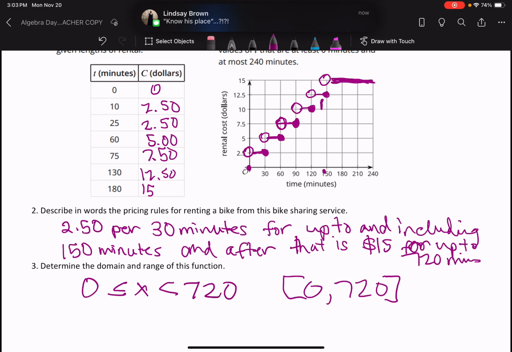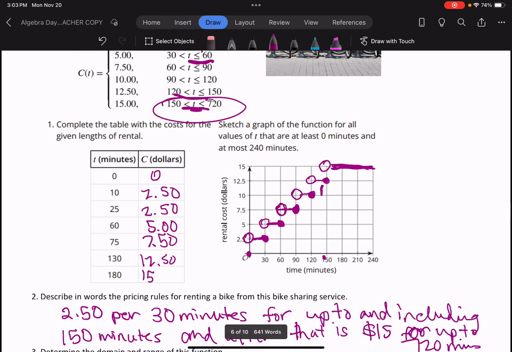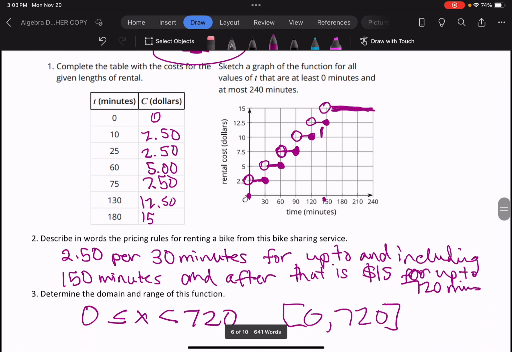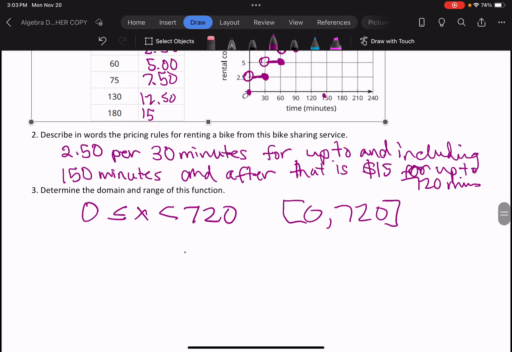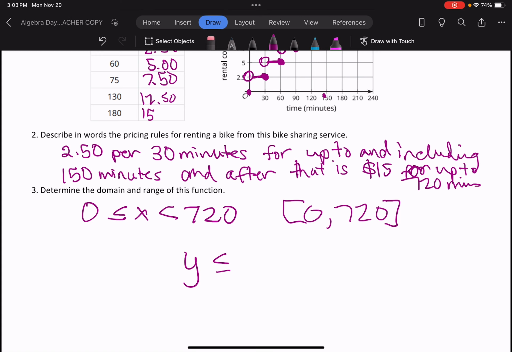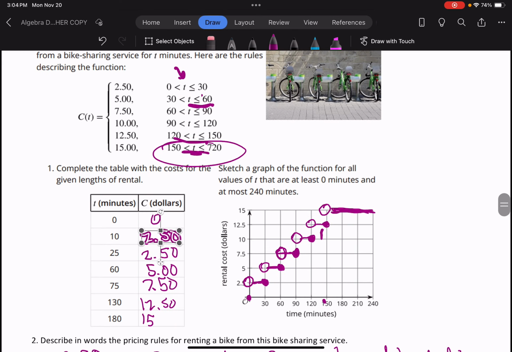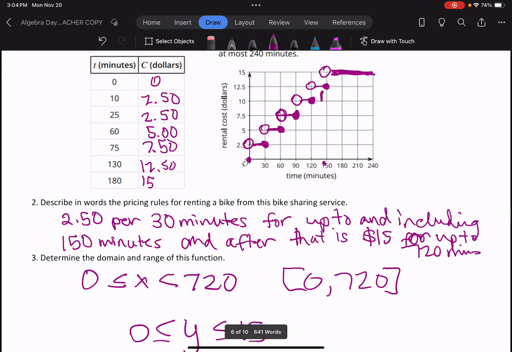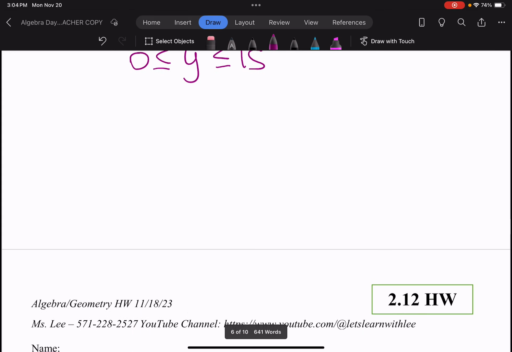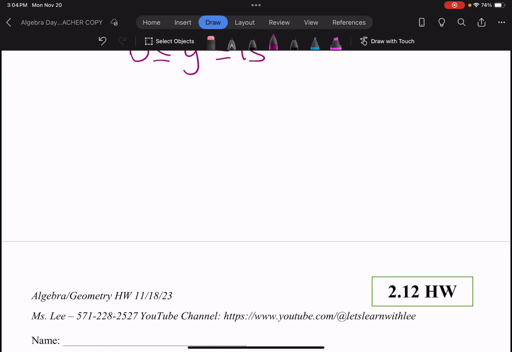And then the range is going from 0 to $15. So y will be less than or equal to 15 and greater than or equal to 0. So you can pay anywhere from 0 if you don't do it, right, to $15.